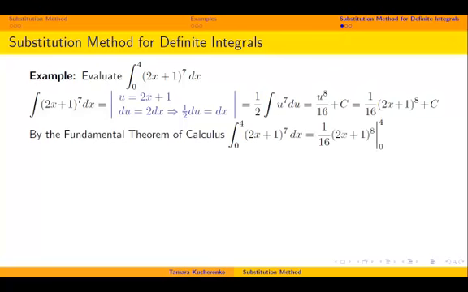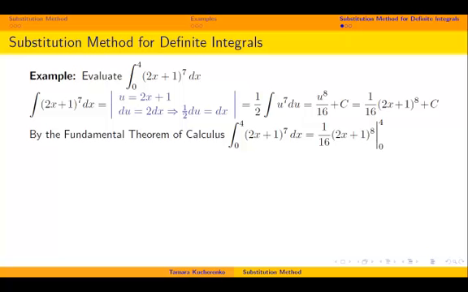By the fundamental theorem of calculus, the definite integral from 0 to 4 of (2x plus 1) to the 7th dx equals the difference of values of an antiderivative at the upper and lower limits.